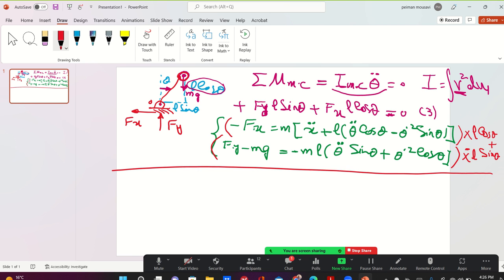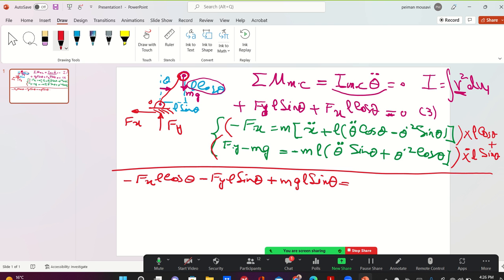Let's do that. The first line: minus Fx L cosine theta, plus, for the left hand side, minus Fy L sine theta plus mgL sine theta.